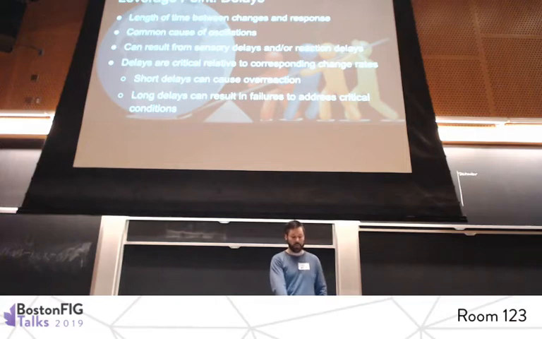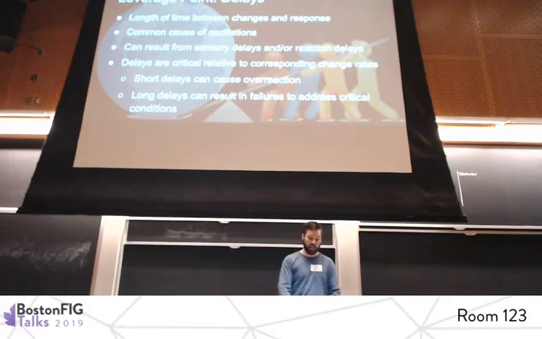Delays can arise due to the time it takes to become aware of a relevant state change, what we define as a sensory delay. So if you get the information late, that's one type of delay. If you are delayed in the way that you respond to the information, so even if the information is timely, if your response is delayed, then that's another significant form of delay. And of course, these aren't mutually exclusive.